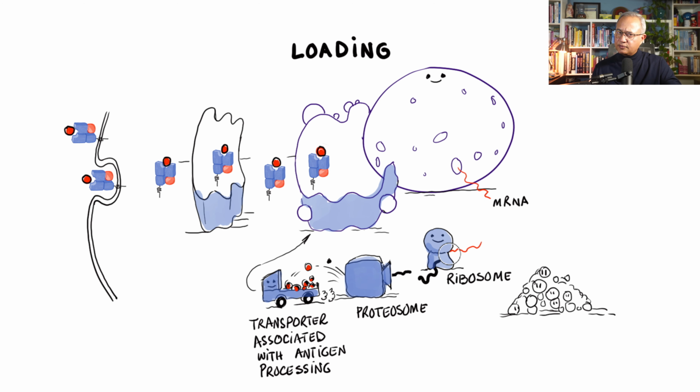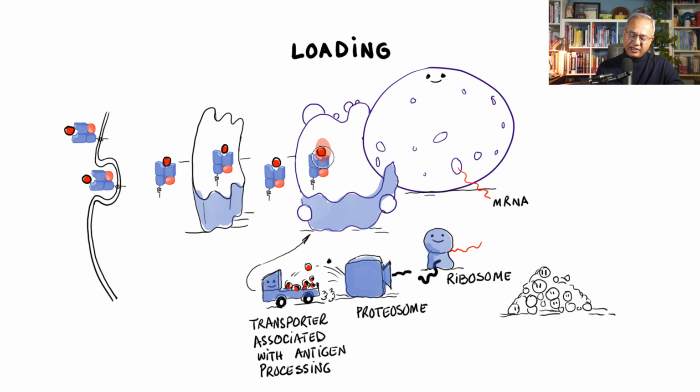So that is the process of loading of the MHC I. The same is the process, I used viruses as an example. The same process applies for fungus or bacteria or self-antigens or even the cancerous antigens. Now, there are some interesting things.